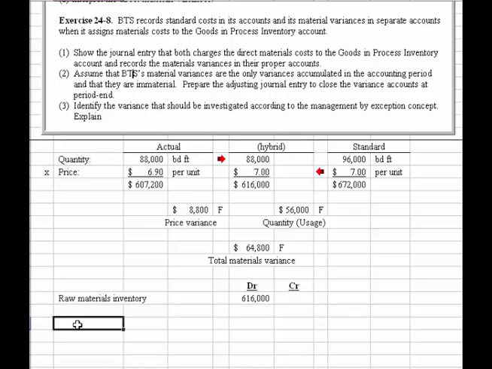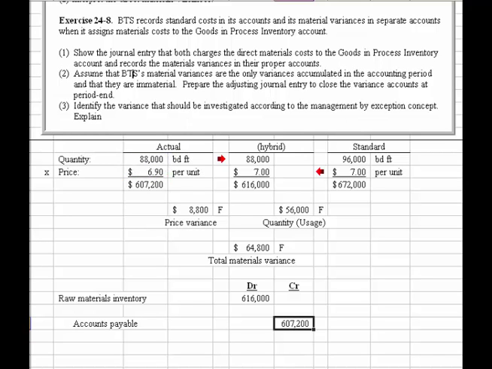We would also have a credit to accounts payable, and that credit would be in the amount of whatever we paid for that price, and we know we purchased it at 88,000 board feet at an actual purchase price of $690.